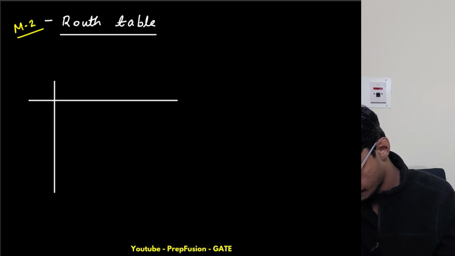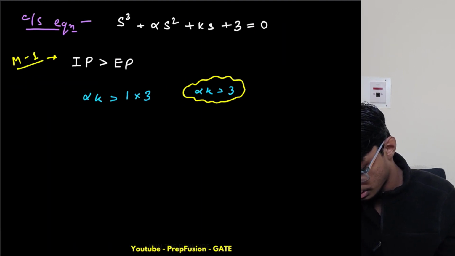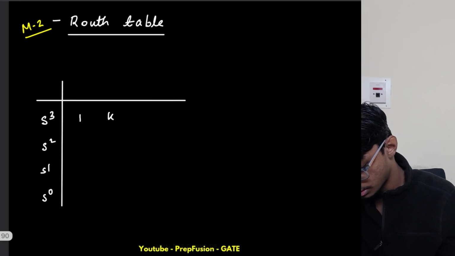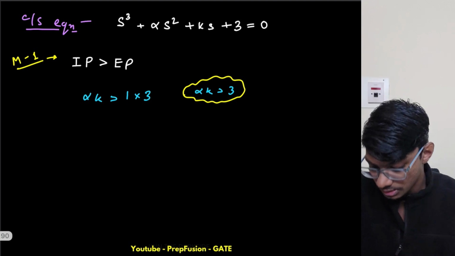So I will start from s cube, s square, s1, s to the power 0, right? And what are the coefficients? 1, then I will skip alpha and take k, and then skip this one. Then in the next row I have alpha and 3, right? 4 coefficients basically.